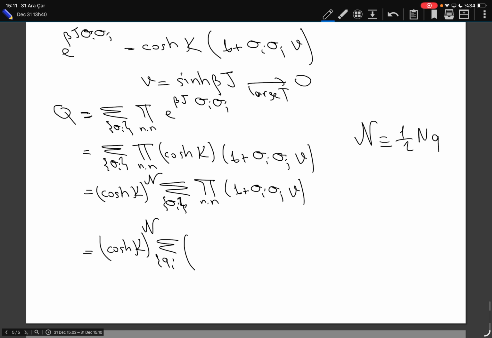Well, how do you expand the product of sums? Well, I can take the 1 from any one of them. That will give me a 1. Then I can take the term sigma i sigma j from one of them and take the 1 from all the other parentheses. So for each such parenthesis, I get such a term. Well, this is just the sum over the nearest neighbors.